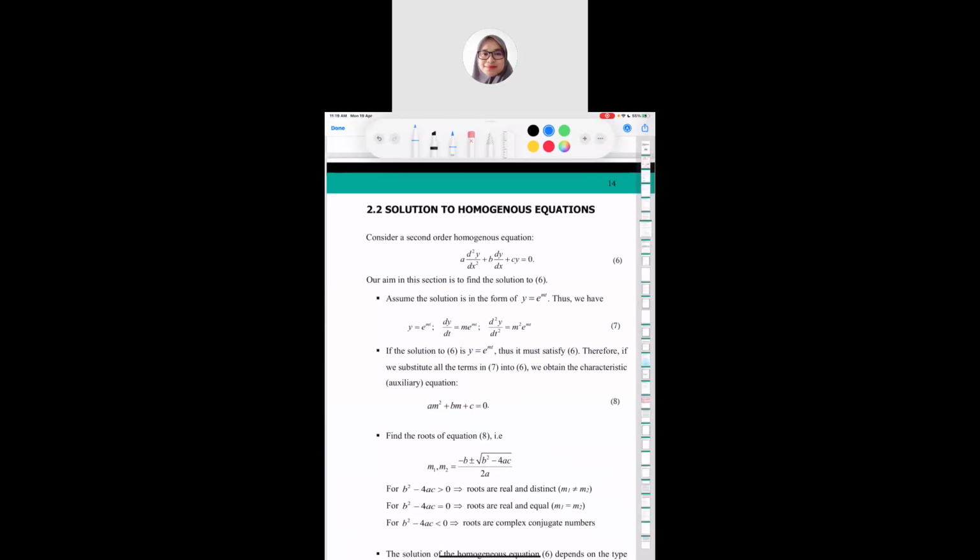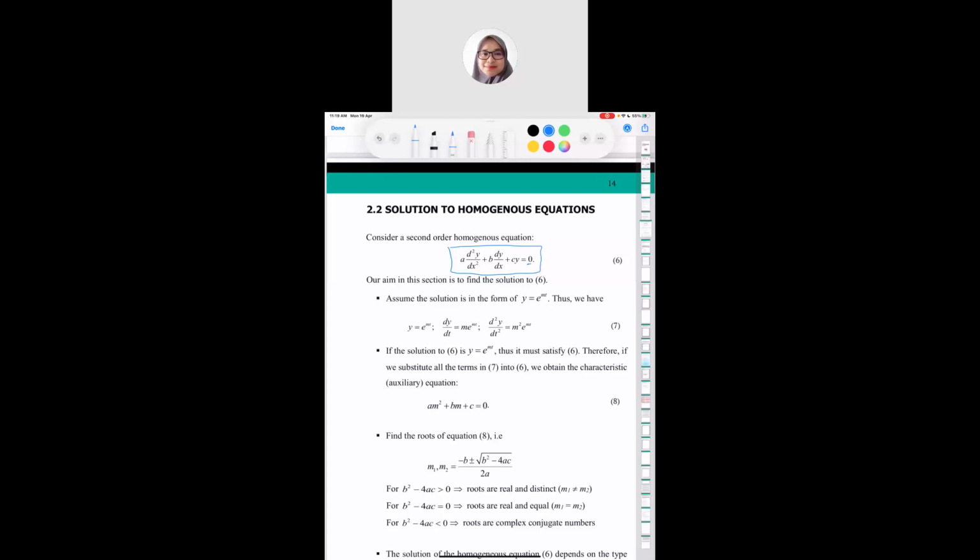Sebut je homogeneous equation, you patut tahu, equation you f(x) mesti equal to 0. So yang ni adalah second order. Macam ni kita nak selesaikan second order homogeneous equation.